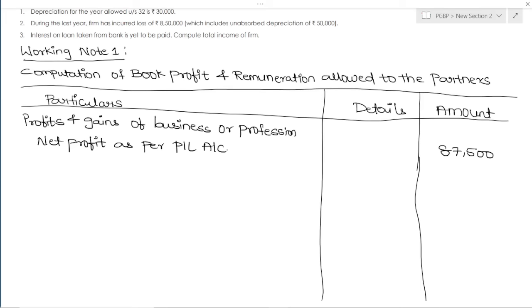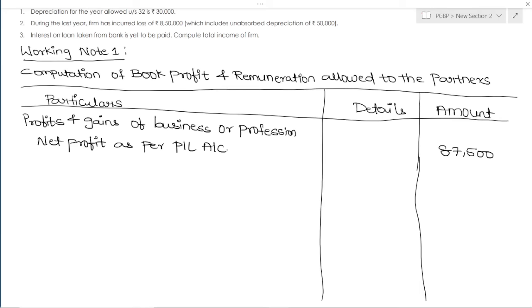That's why whatever is wrongly debited to P&L account, that means some extra amount is debited, or some expenditure which is not allowed as per income tax is shown, that we will add back. So that's what we are going to do now.